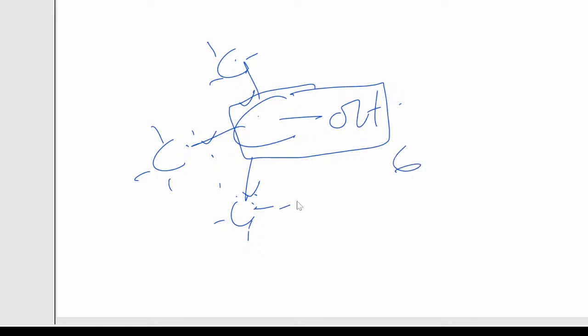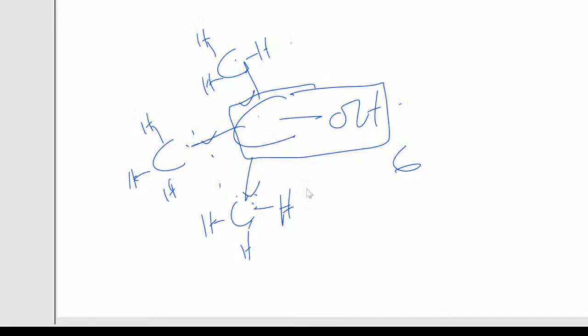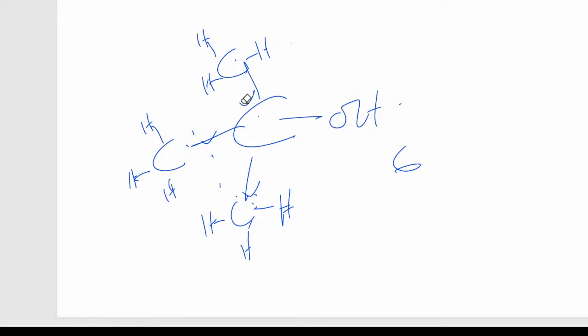The structure is done. That's what they wanted. Did you write it like that? It can't be written in a different angle, because then this carbon would not have 3 carbon atoms attached to it.